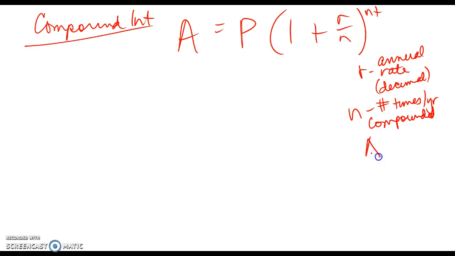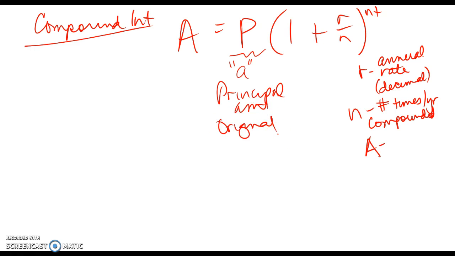And A is the amount in the account after t years. Now, this is like the a in the equations we saw earlier. It's the principal amount you're investing. That means the original amount, because at t equals 0, A equals P. So P is our principal, our initial amount.